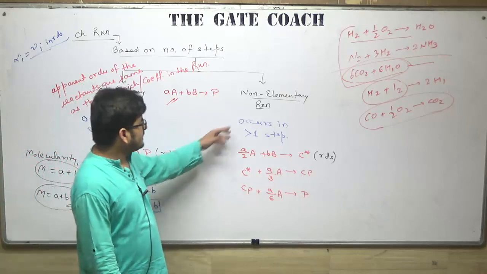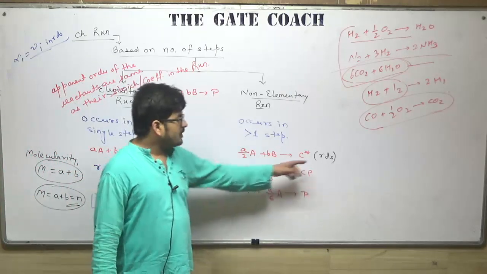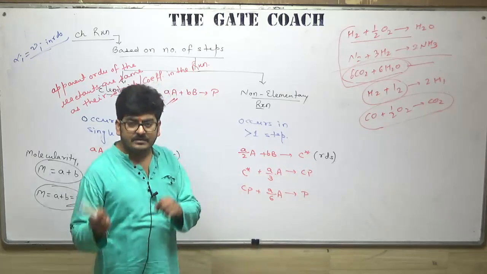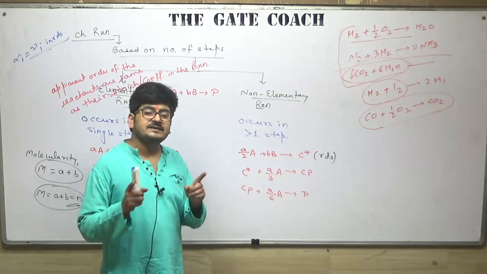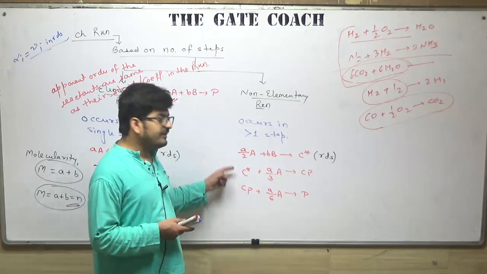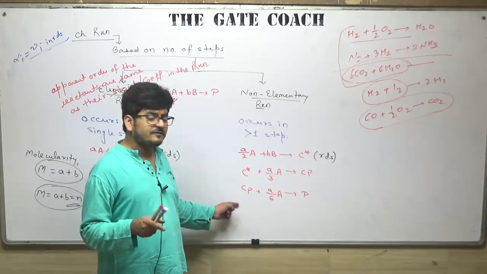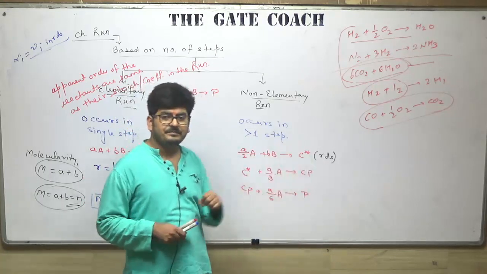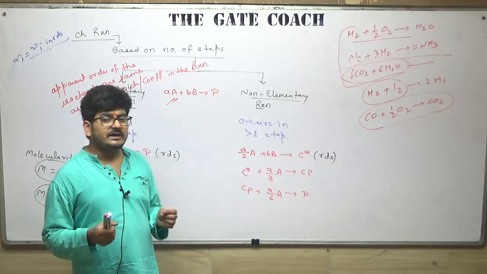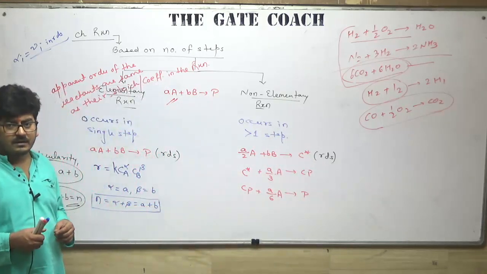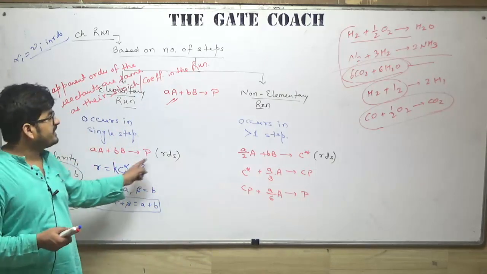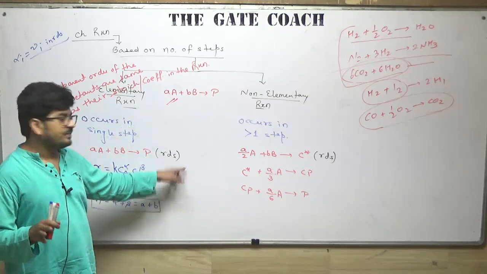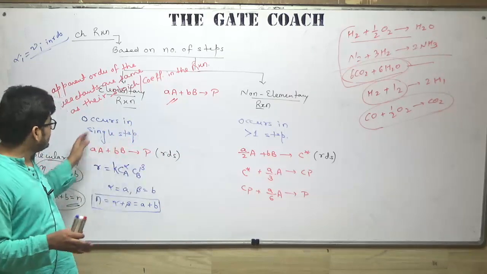Because if a reaction occurs in more than one step, then to identify the RDS and the reaction mechanism, you have to perform experiments. Only after performing the experiments can we identify the reaction mechanism, and when we have the mechanism, only then can we identify the rate determining step. But molecularity is a theoretical quantity, so it is associated with elementary reactions only. Because for elementary reactions, to identify the RDS we don't need to perform any experiment, as they occur in only one step.